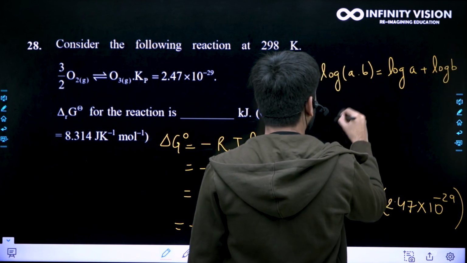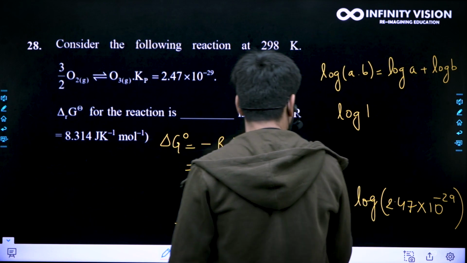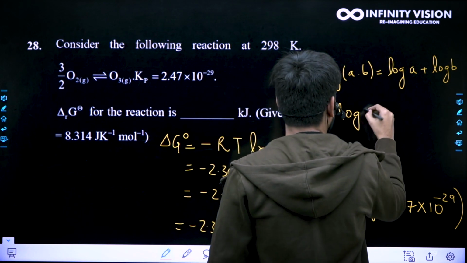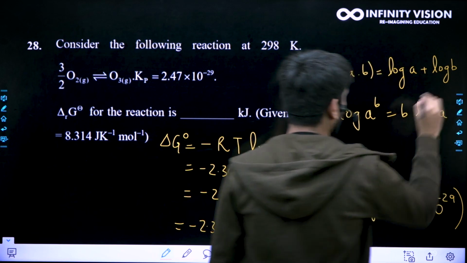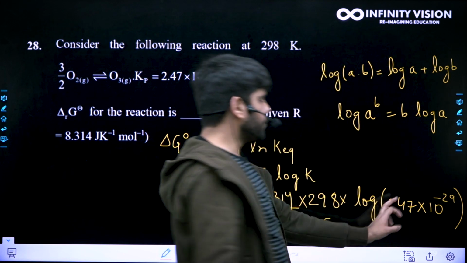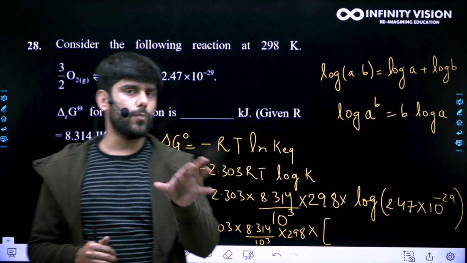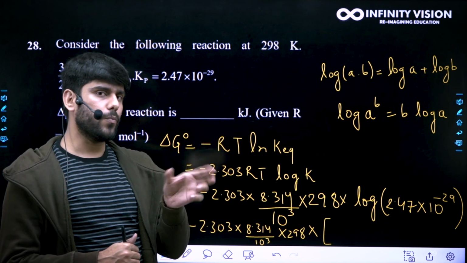We also know that log of A to the power B is B log A, right? So log of 2.47, now log of 2 is 0.30 and log of 3 is around 0.47, right?